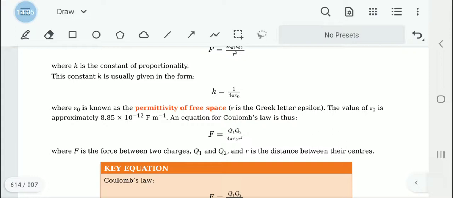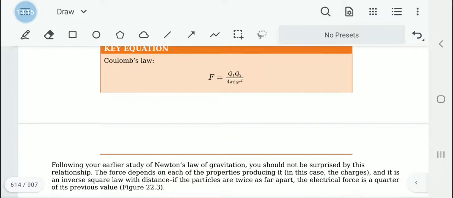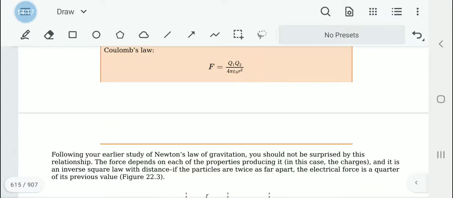Therefore, leave a line and write, therefore, Coulomb's law has the following equation. And write this one. F equals Q1 Q2 divided by 4 pi epsilon O R squared.